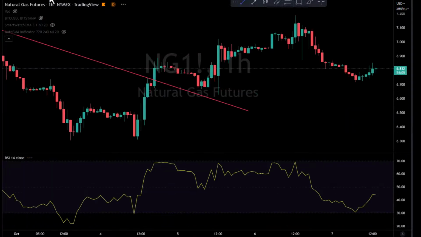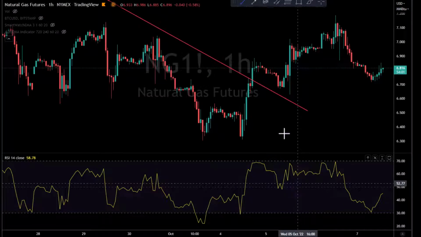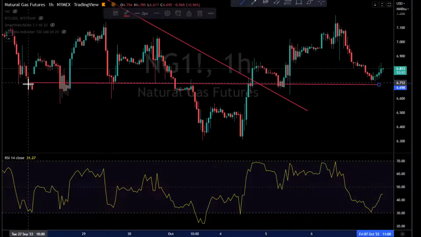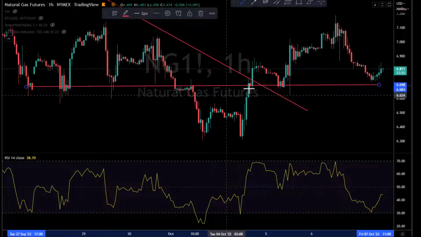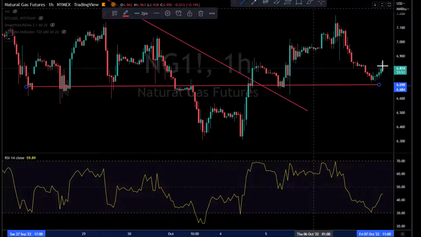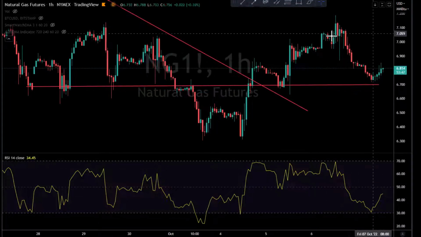So as I'm going through, the relative strength index does look like it's building for some bullish strength from here. As I get into the closer time frames, I notice that we do have support and resistance from the past, and that we are consolidating right now above that support and resistance, giving us a very good risk to reward ratio if we were to be setting up a trade right now.